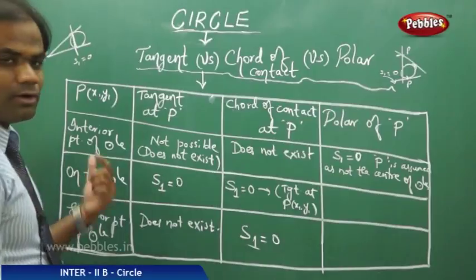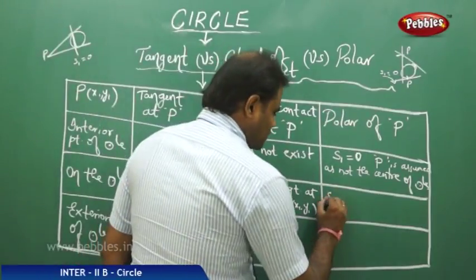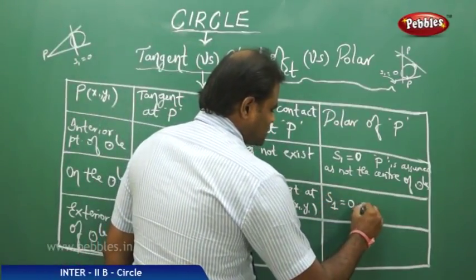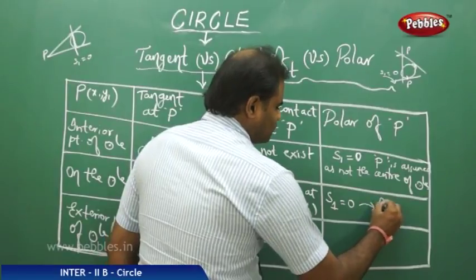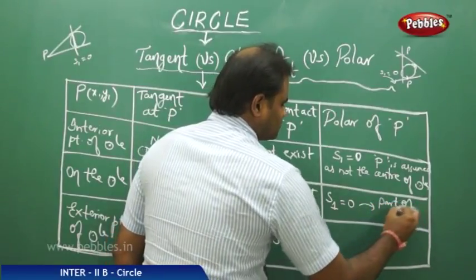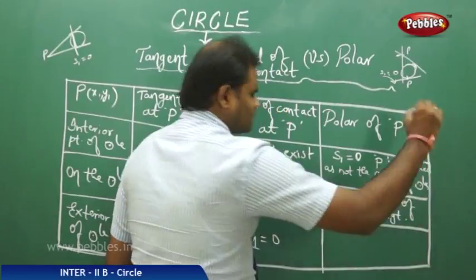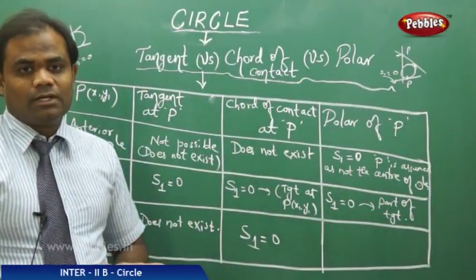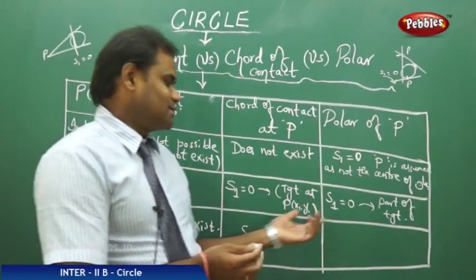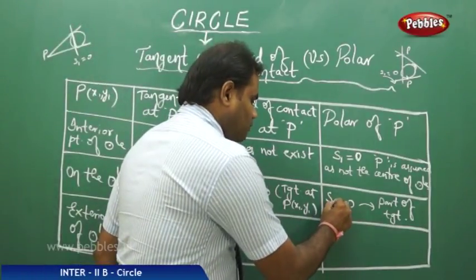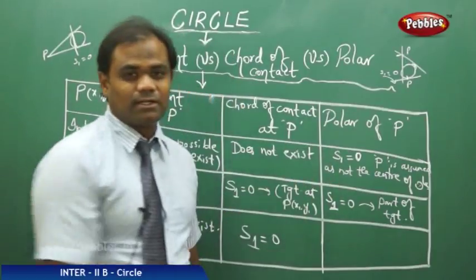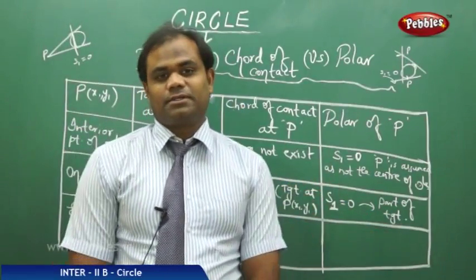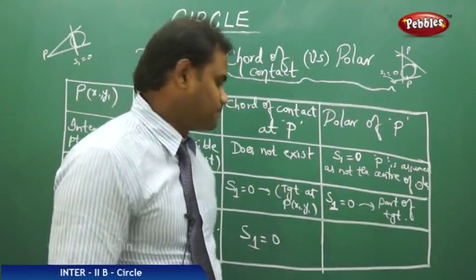Next, polar of P on the circle is given by S1 equal to 0, and this is nothing but part of tangent. We all know it is the unique point P through which all the chords pass, and hence the polar of P for a point on the circle is nothing but part of tangent or coincides with the tangent.